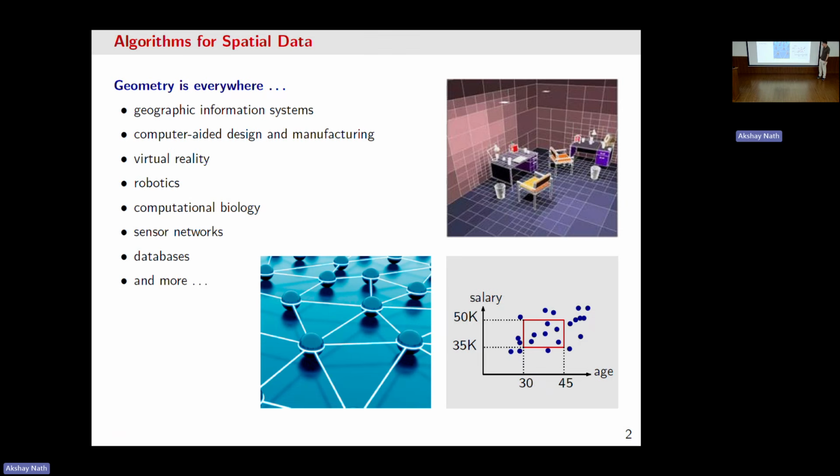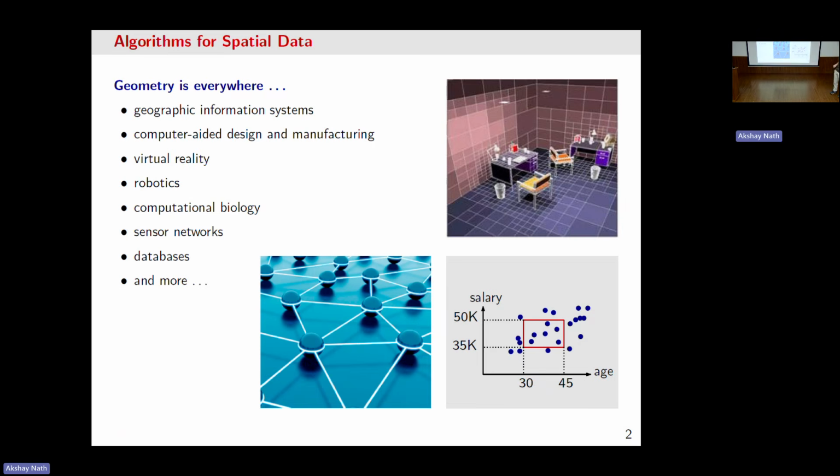If you have a database of employees, they all have an age and a salary, and now you may be interested in queries like, okay, give me all the employees that are between 30 and 45 of age that earn between 35 and 50K. That transforms to, given a set of points, right? Every employee is a point with a certain age, certain salary, report all the points in the range.